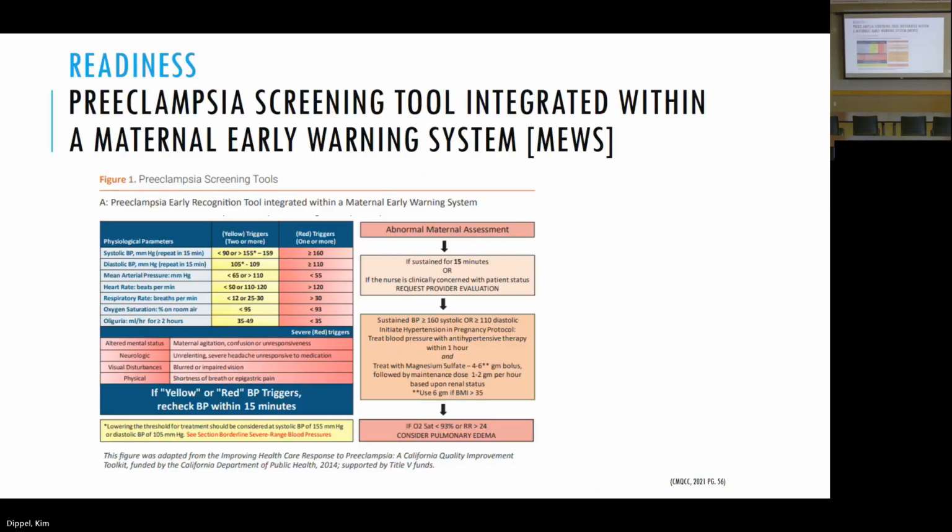And then this next slide, I think in our other presentations, we follow CMQCC's guidelines with the readiness campaign. And this is a screening tool that's integrated with the MEWS, the Maternal Early Warning Signs. At Methodist Women's Hospital, we currently flag blood pressures that are greater than or equal to 160 systolic or greater than or equal to 110 diastolic after 2 readings 15 minutes apart.